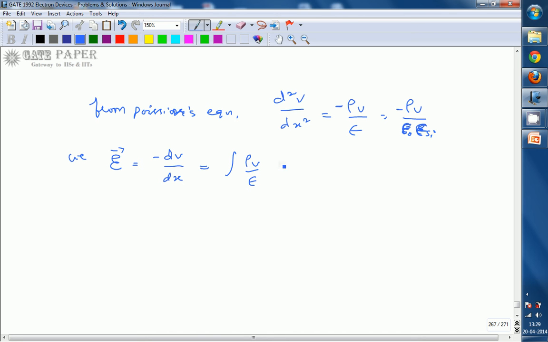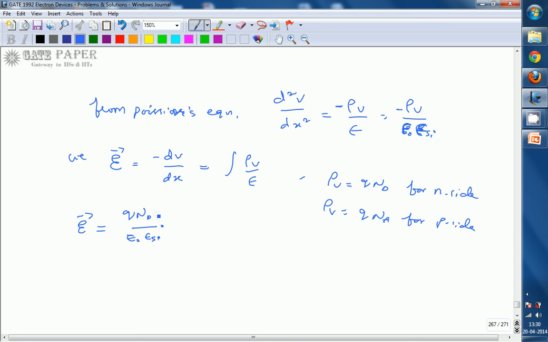Rho_v on the N side is equal to q times Nd, and rho_v on the P side is equal to q times Na. So the electric field with respect to the N side can be written as q times Nd divided by epsilon naught epsilon silicon, into x, because rho_v by epsilon is a constant, so you get x on the N side.